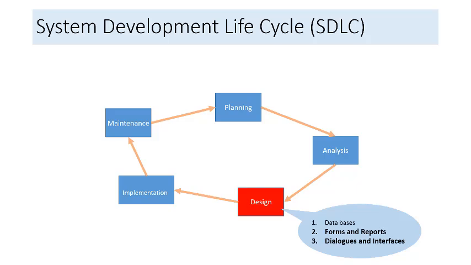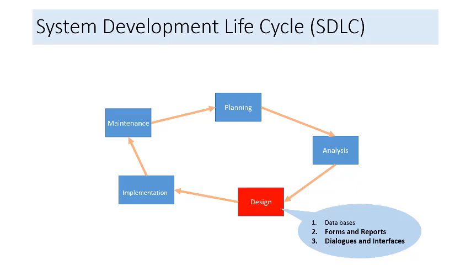And of course, one of the main activities of the design phase is to create forms and reports. Basically, how do you want to enter data via computer when you're actually using your new system? How do you want to enter data? And for that, we use forms.